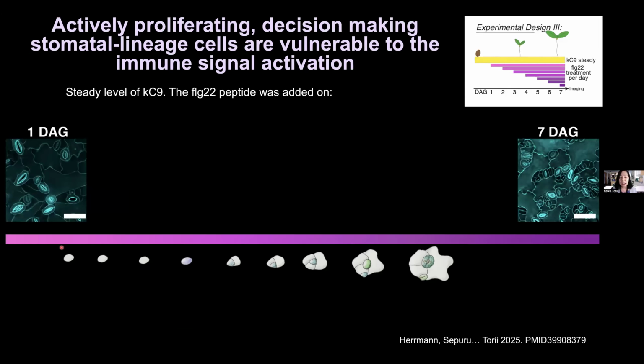But then we got really interested in what cell state this is happening in during epidermal development, because all the studies we did so far, we looked at day 7 or something like that.